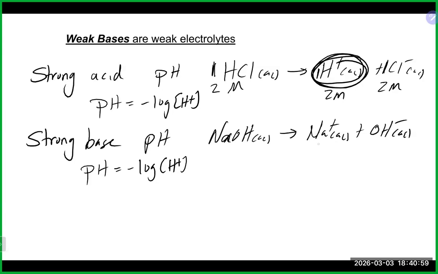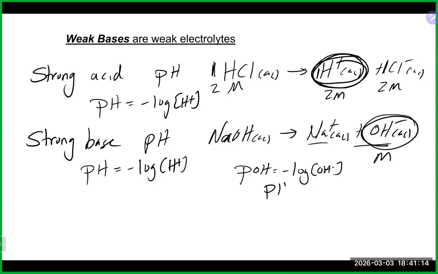Since it's a base, we really don't have H plus here, but we do have hydroxide. If we could get the concentration of hydroxide, we could calculate our pOH from that. Then we can get the pH simply by subtracting the pOH from 14, and that's probably the best route.